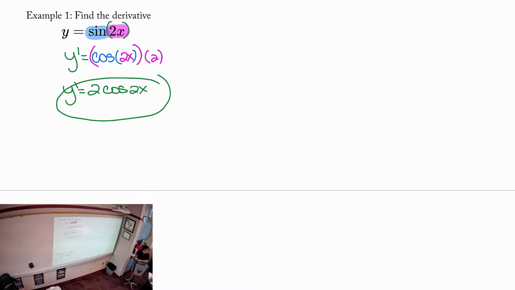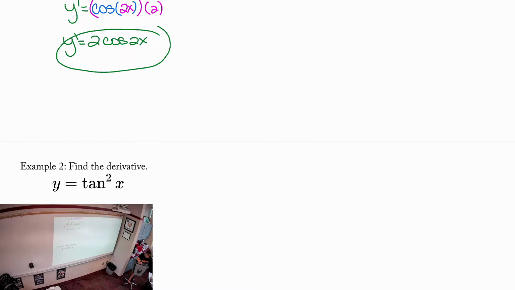All right, so when you've thought about outside and inside functions for literally the last 24 hours, what you probably started to see a pattern in is that the outside function is what's furthest to the left, right? Some of you might think tangent is my outside function. It's not.